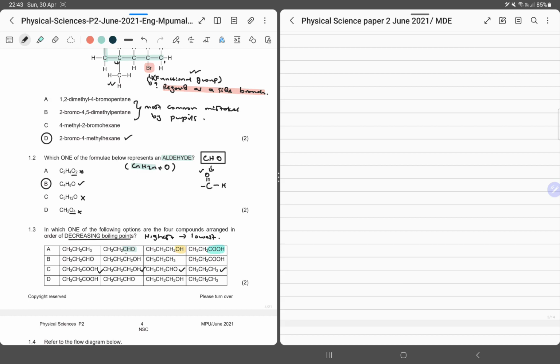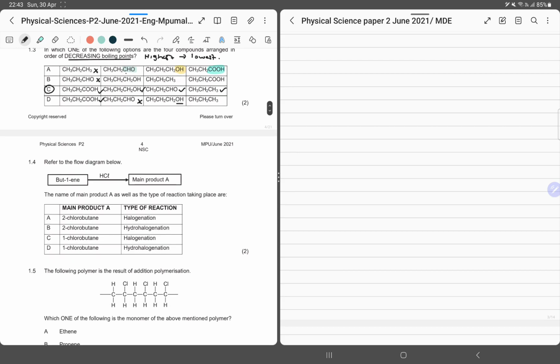So C is ticking all the boxes, it becomes the answer. Obviously, you can't start with an aldehyde, you can't start with a hydrocarbon. Yes, this is a good start, but you cannot follow with an aldehyde and leave out an alcohol. So that is why those other options don't work.